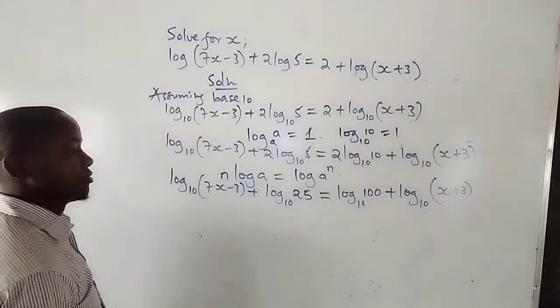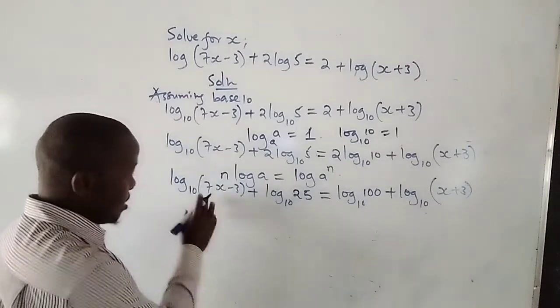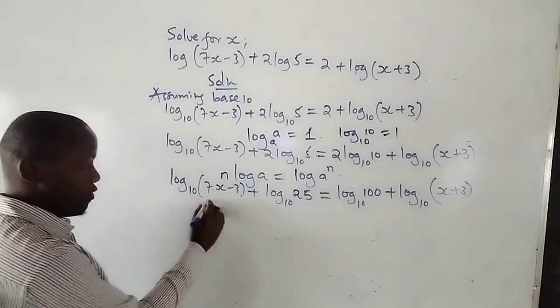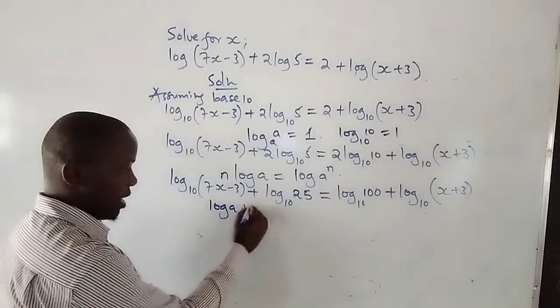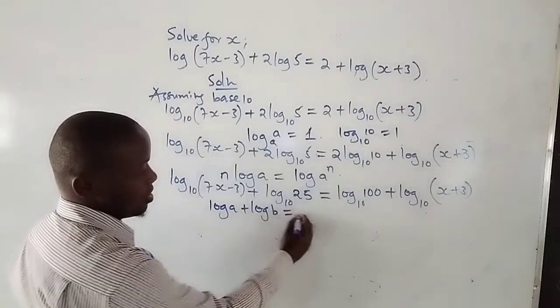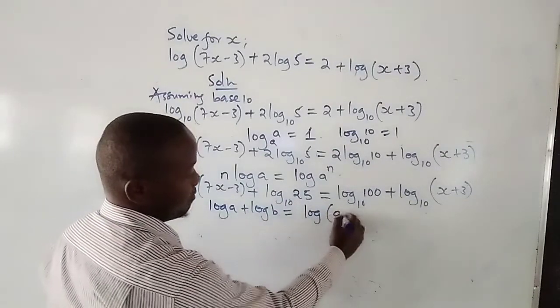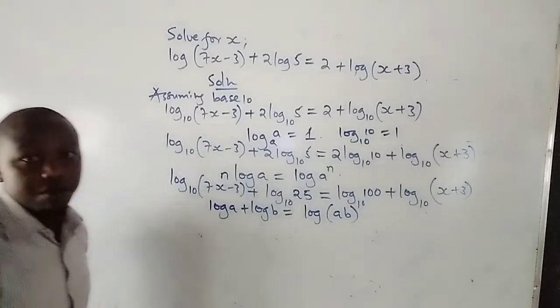Now, we remember there is a law which says that when you have the log of a plus the log of b, you can just take the logarithm with a and b being multiplied.